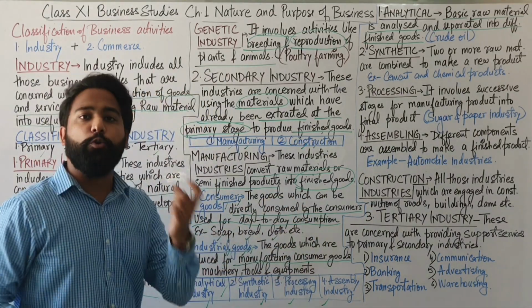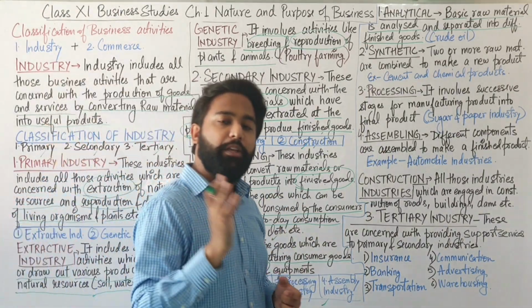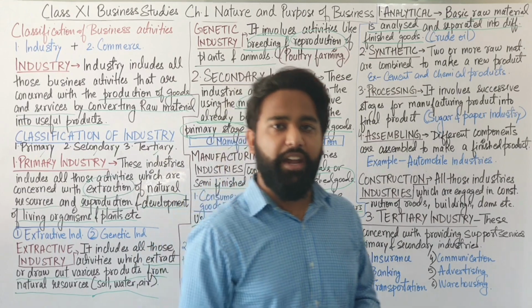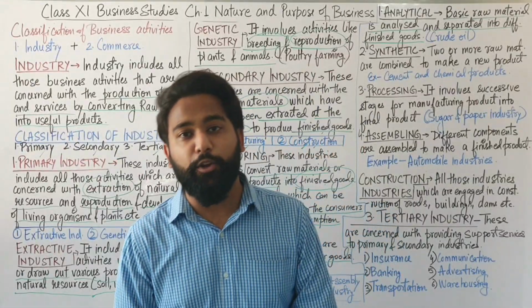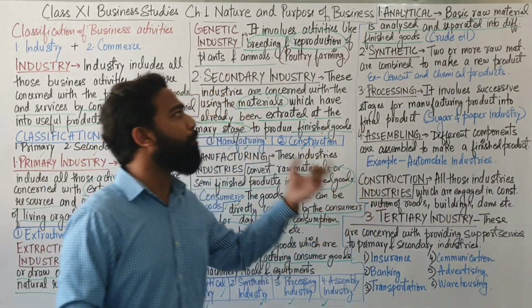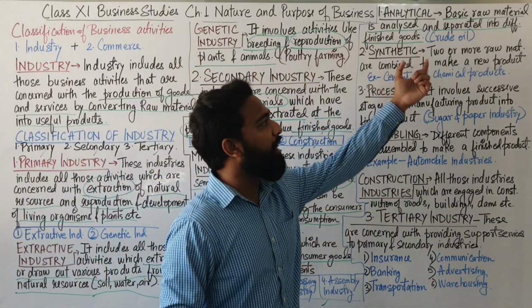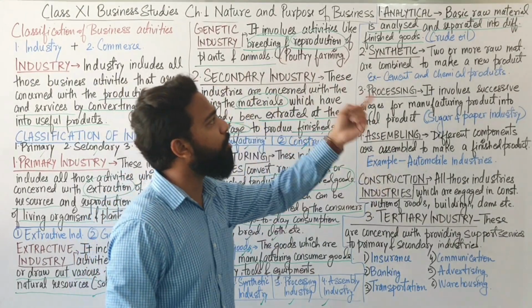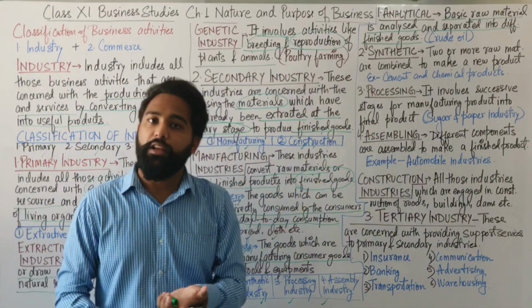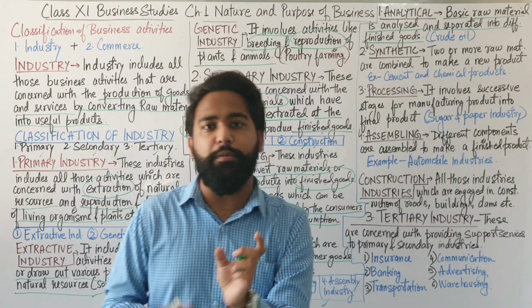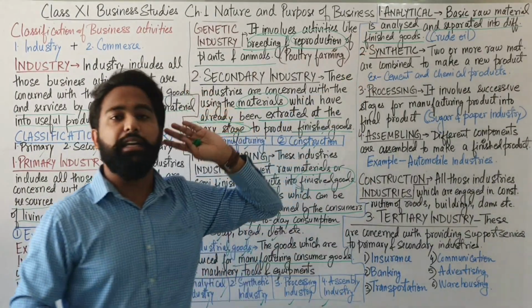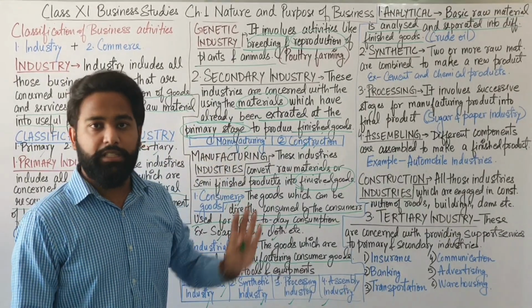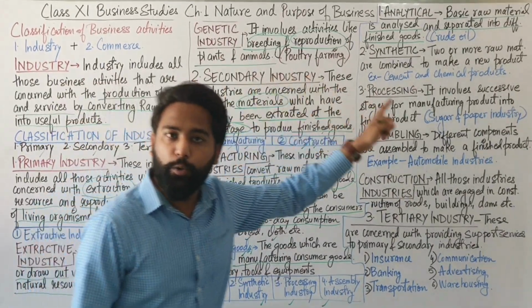For example, crude oil can be refined to convert into petrol, diesel or kerosene. So many products can be manufactured from one raw material, crude oil. If we can convert one raw material into different products, then it is called analytical industry. Is that clear?